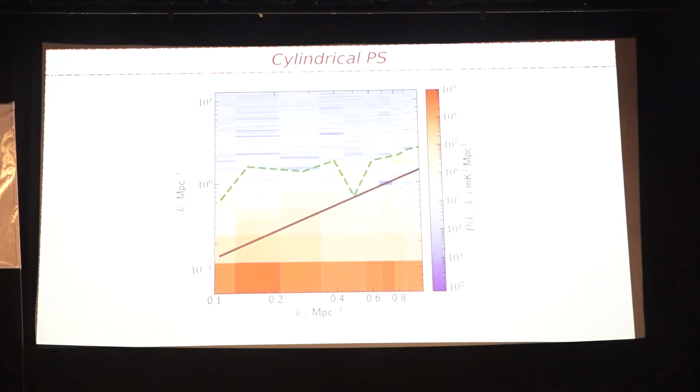We see that this is the theoretically predicted wedge boundary, which corresponds to the horizon, and most of the foregrounds, which are shown in red, are located inside the horizon, inside the wedge boundary. There is some foreground leakage in these regions, which we avoided, as seen using this green dashed line, and we use this region, which we expect to be relatively foreground free, to constrain the 21 centimeter signal.